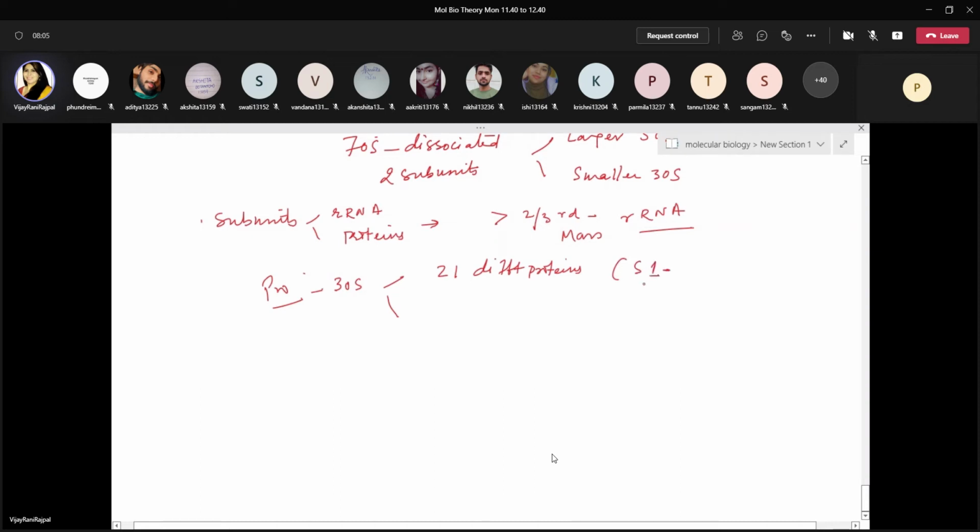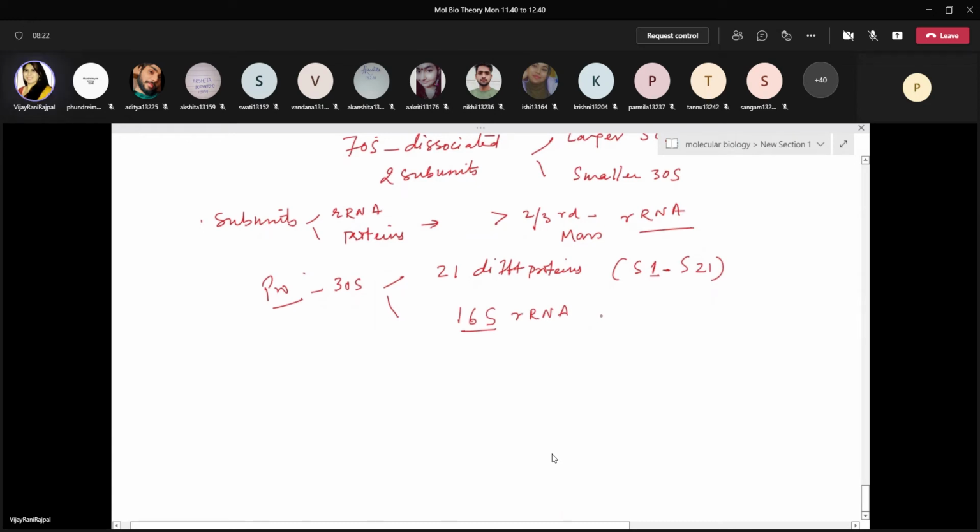S means small subunit, S1 to S21. Along with this, a single ribosomal RNA molecule, the 16S ribosomal RNA molecule, is present.